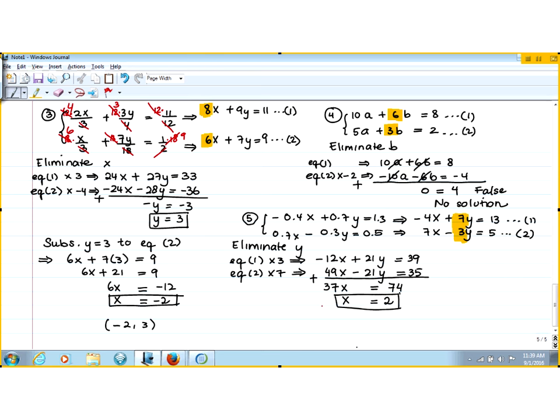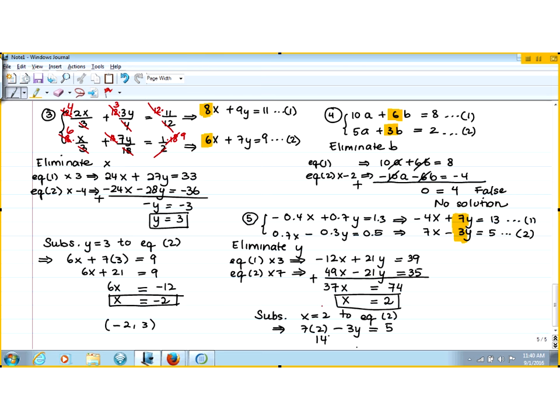All right. Almost done. What now? Substitute x equals 2 into an equation. Let's see, which one's easier? Oh, they're almost the same. Equation 2? Okay. So 7 times 2 minus 3y is equal to 5.